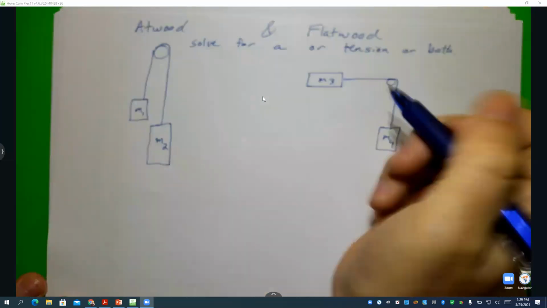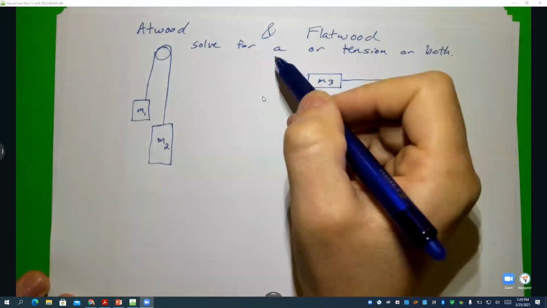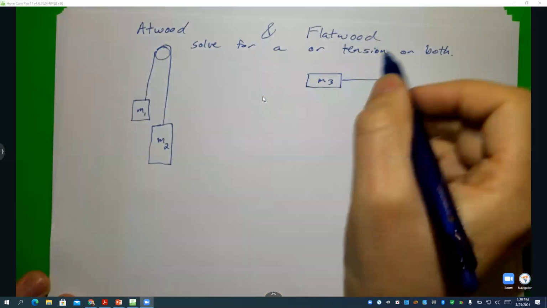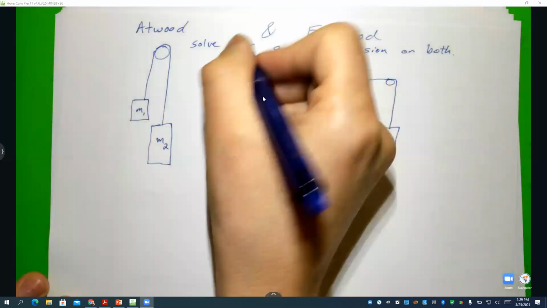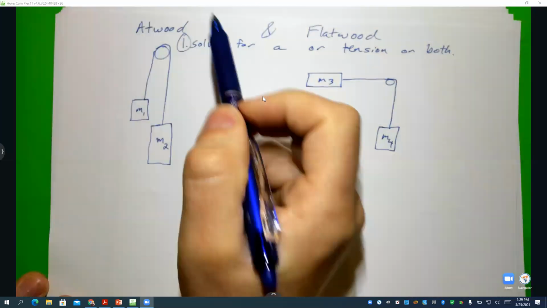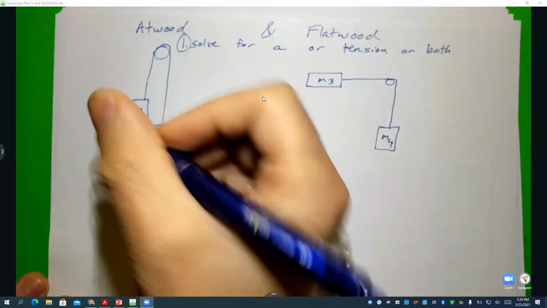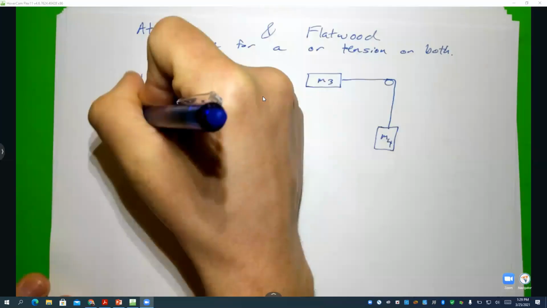So the first thing you do, and if you were asked to solve for the tension or you were asked to solve for the acceleration, solve for this first. And the secret to solving for this is to bend your axis around a pulley.